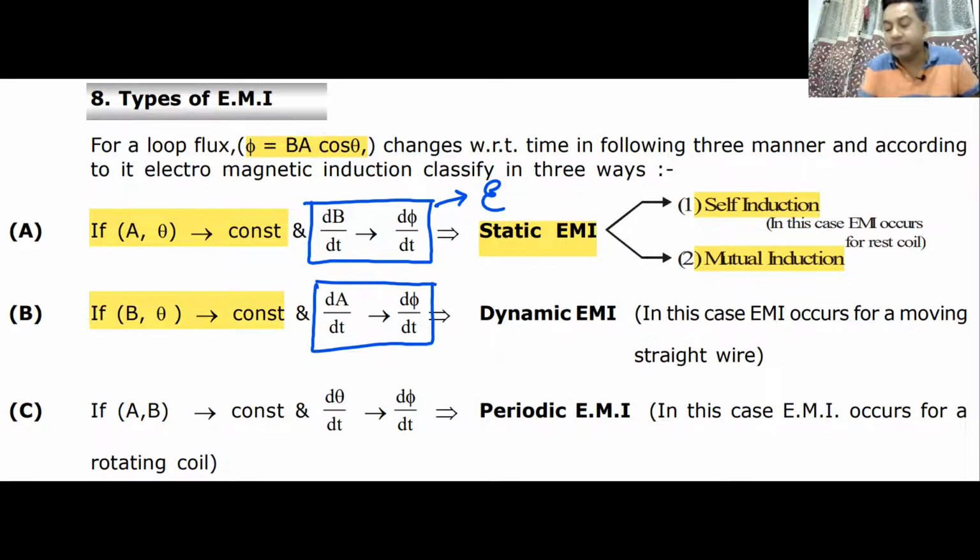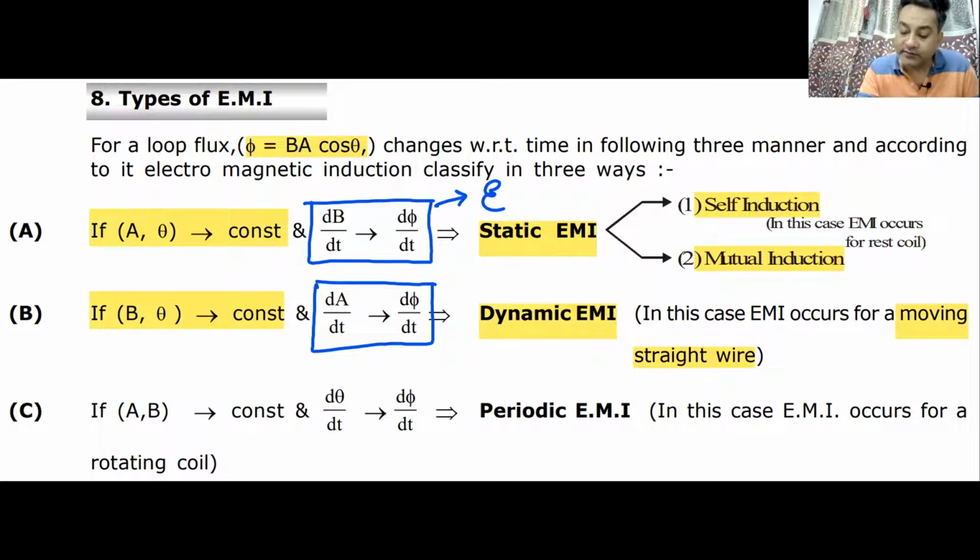This was the case that we did when the wire was moving and area was changing. We had seen some questions in Lenz's law on how to find out the direction of induced EMF or induced current. This type of EMI, since things are moving, you can call dynamic EMI. A straight wire was moving. We have seen those cases in Lenz's law.